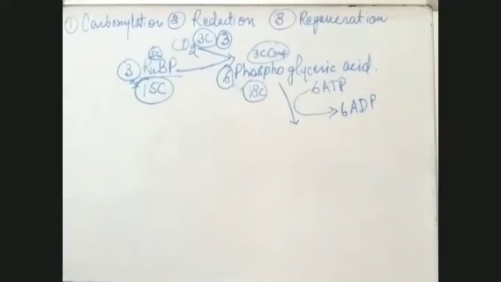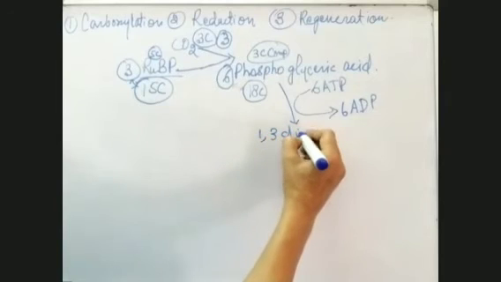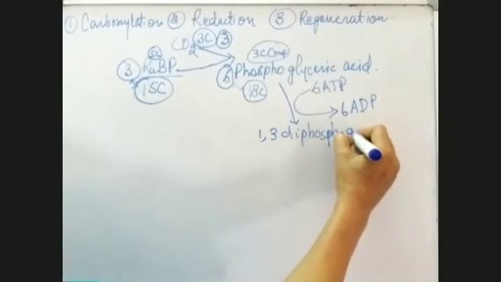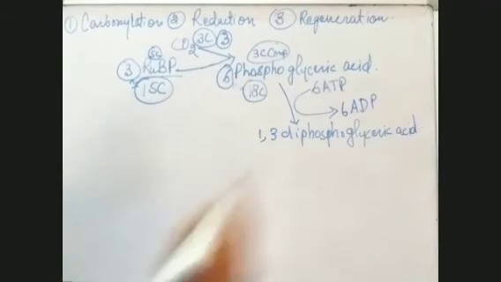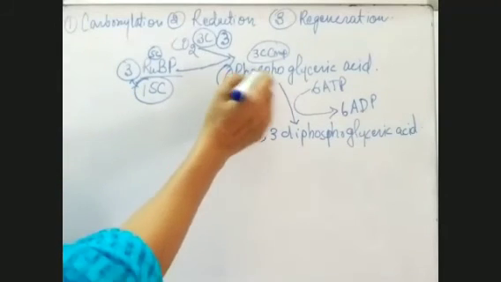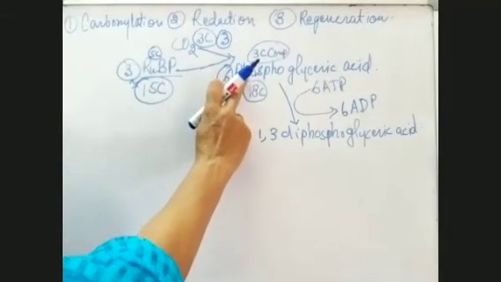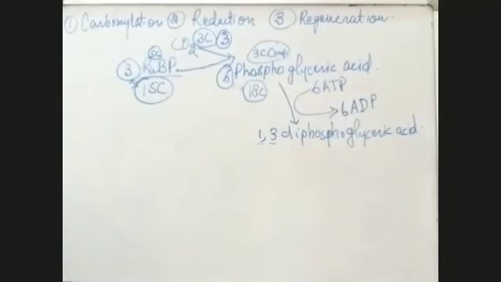That energy released is used for the synthesis of 1,3-diphosphoglyceric acid. Here it was phosphoglyceric acid with phosphate at just one place, then phosphate was added, and at 2 places of this compound phosphate was present.